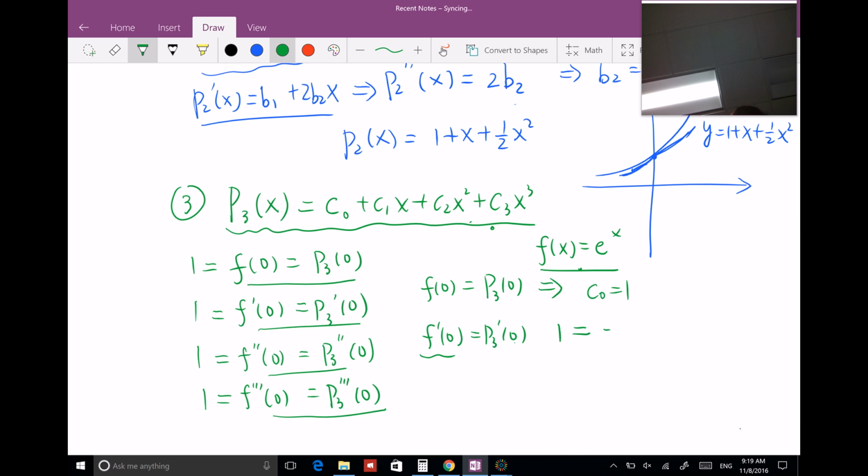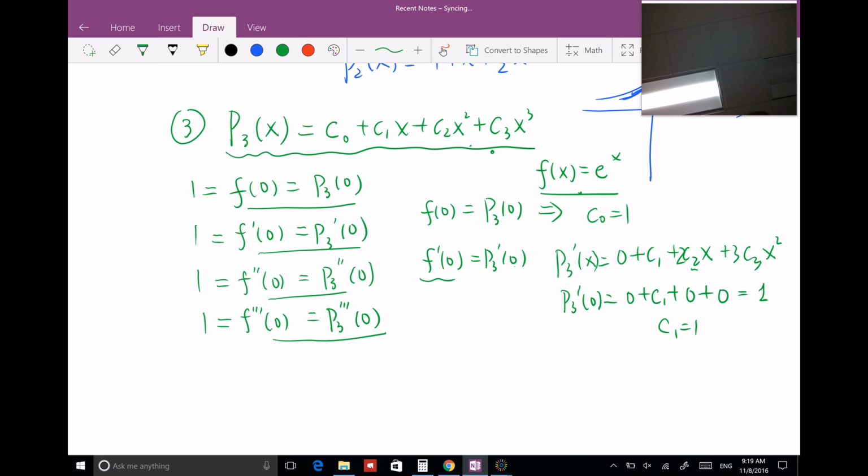Plug 0 into the first derivative of P3. The first derivative of P3 is 0 plus c1 plus 2c2x plus 3c3x squared. Plug 0 into it: 0 plus c1 plus 0 plus 0 equals 1. So c1 equals 1, right?